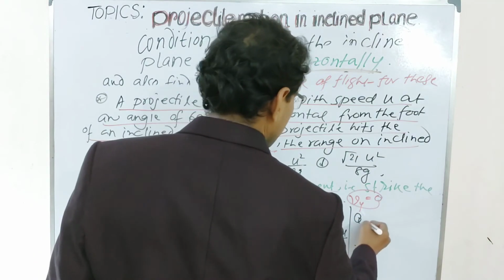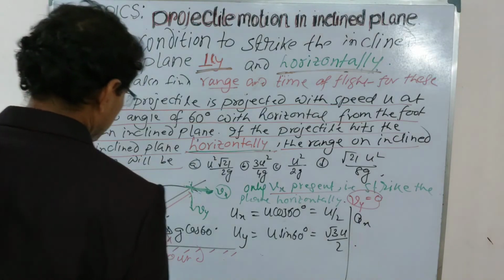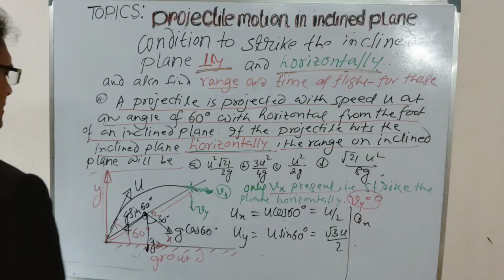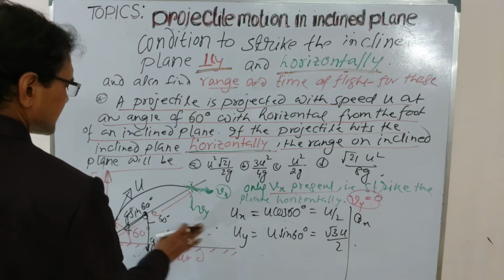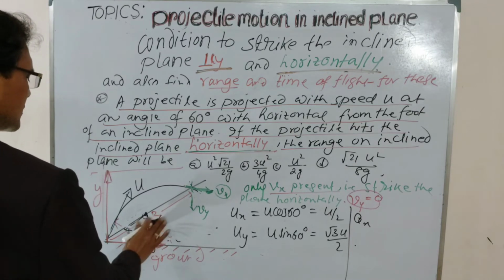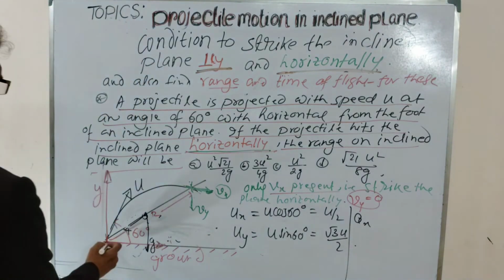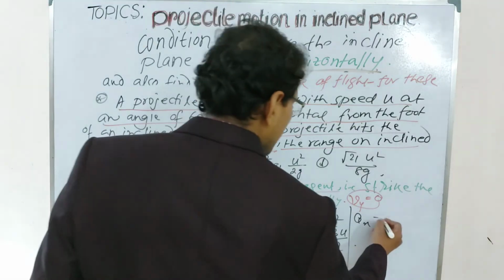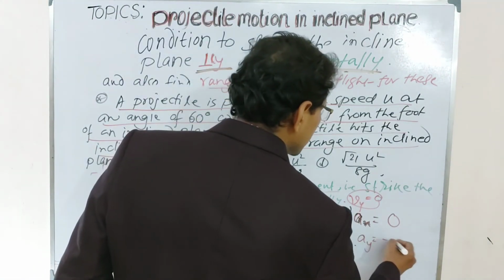We take the x-axis like this, so we don't have to resolve this. Now with this x-axis and y-axis, the acceleration is completely vertically downward, so acceleration along x direction is 0, and ay is minus g.